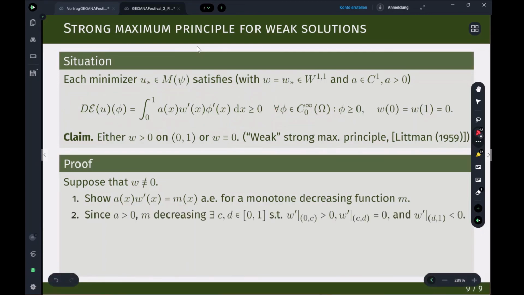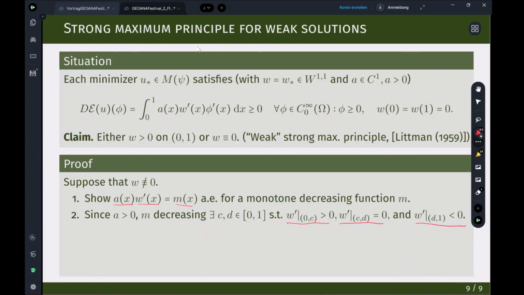And now what does this mean? Since A is positive, the sign of W prime coincides with the sign of M, and since M is decreasing, it can only change from positive to negative. So basically I have now three regions: one region where W prime is positive, then a region where W prime is 0, and then a region where W prime is negative.